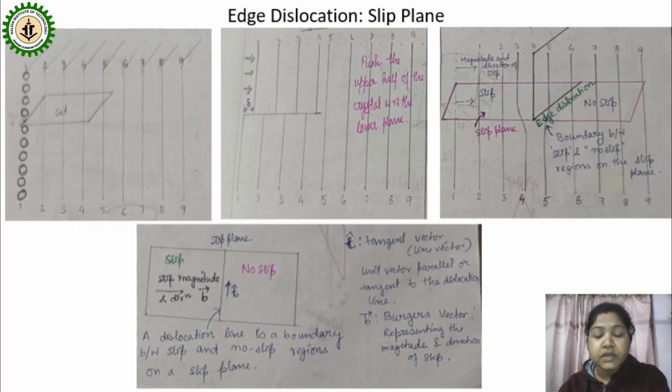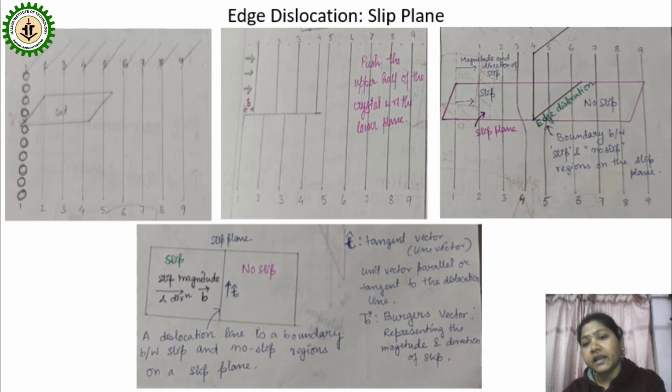From 5 onwards, you can see it will be the same, a perfect system. So the defect happens up to plane 4. When 3 matches with 4, 4 has no plane to which it can be matched. So plane 4 is hanging, there is no matching plane at the bottom side.